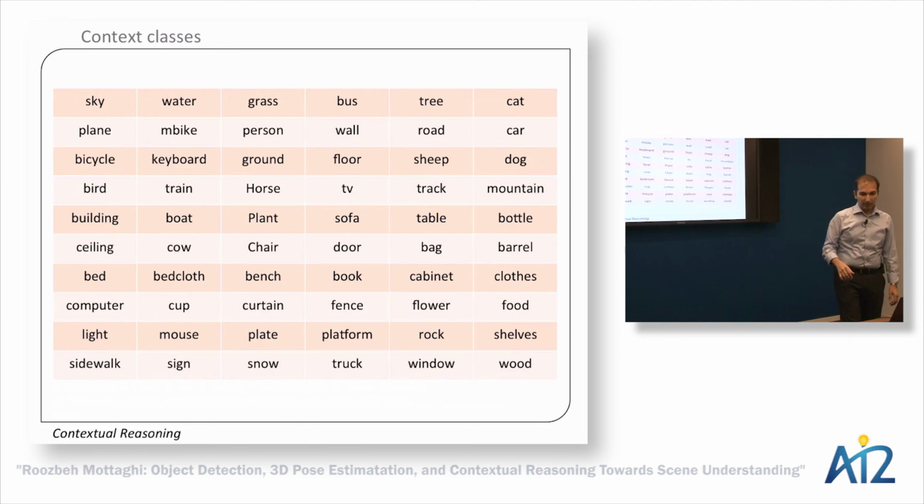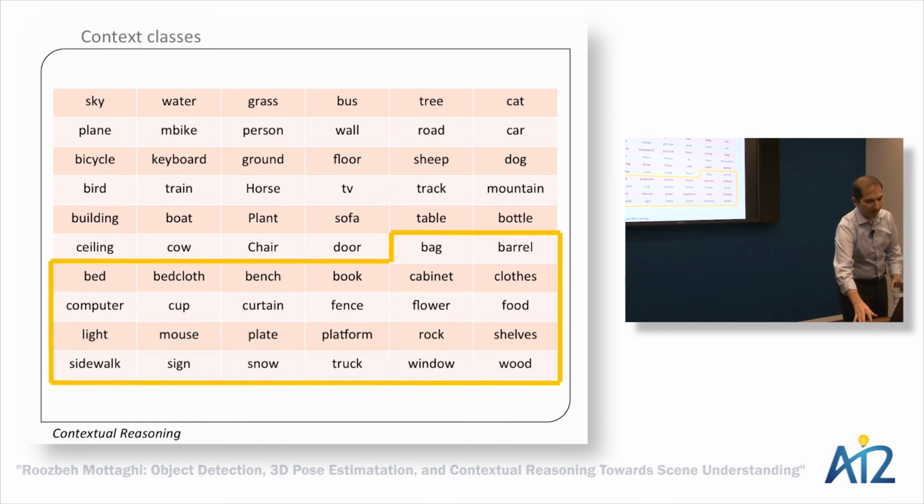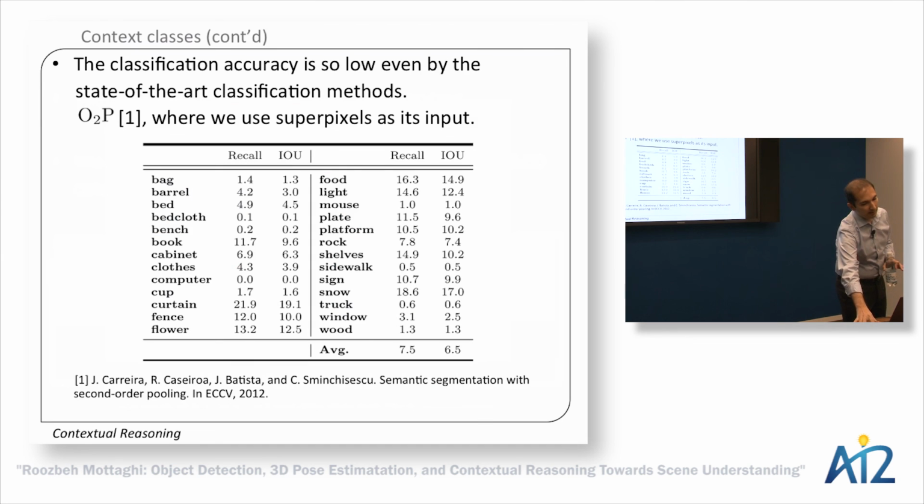We decided to remove some of these categories. By remove, I mean ignoring them. The reason was that the performance for detecting these categories was very bad. For example, the performance is 1.7%, which is not really useful. So we ignored these objects.